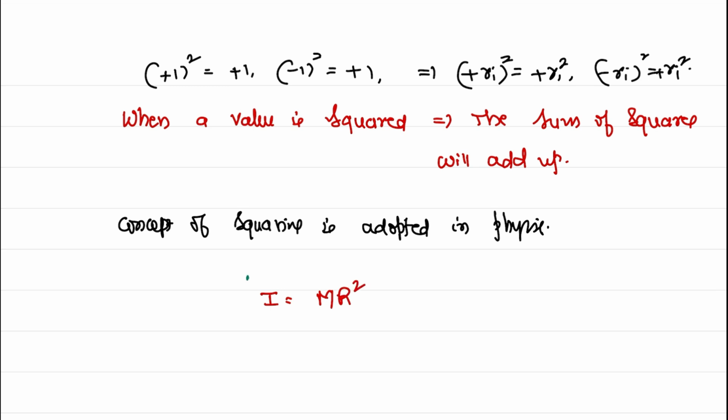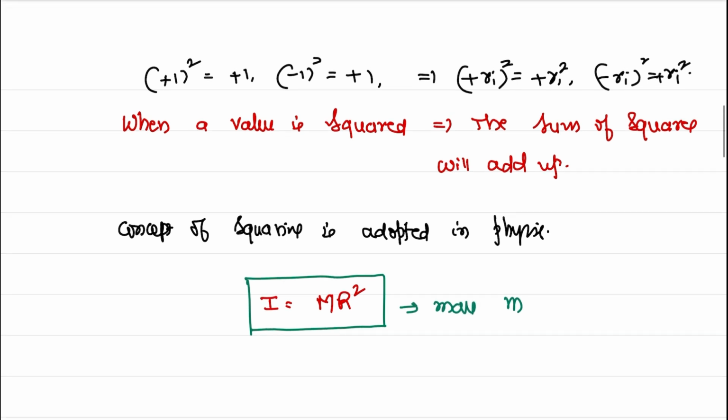This much you know, we have discussed already. It is called mass moment of inertia.